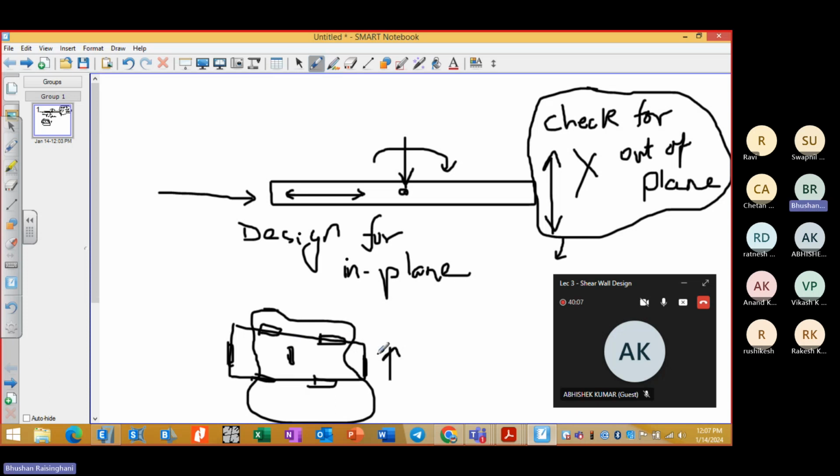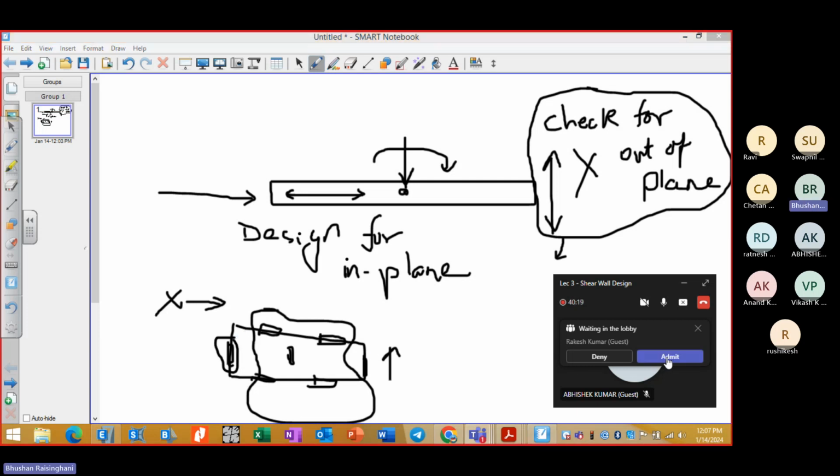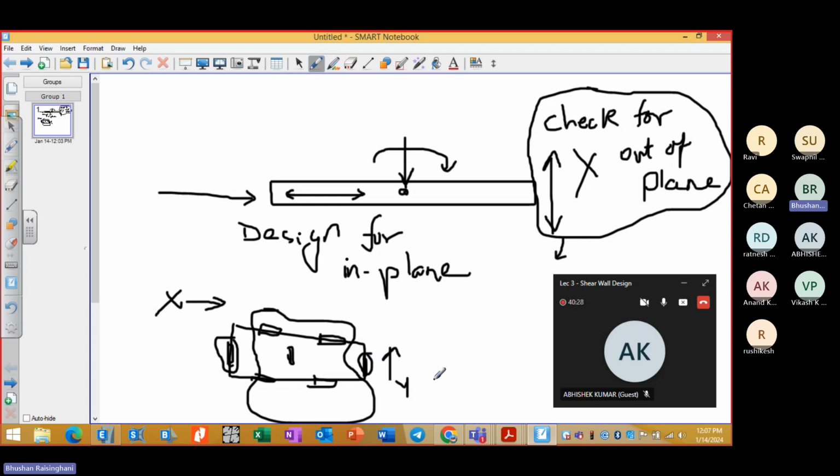So how much force is getting distributed in this direction in the shear wall, and how much in that direction, because in this x direction this wall is going to be under minor axis, that is out of plane, and this is y and this is x. Then you need to orient your walls in such a way that 100% of the forces are taken by the walls in that particular direction in which you have oriented the shear walls.